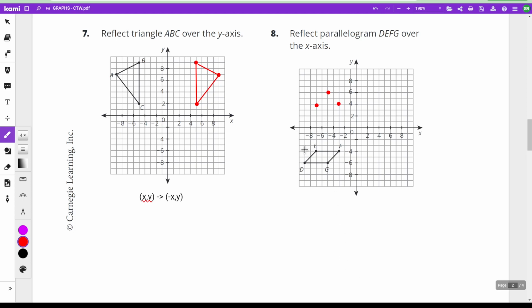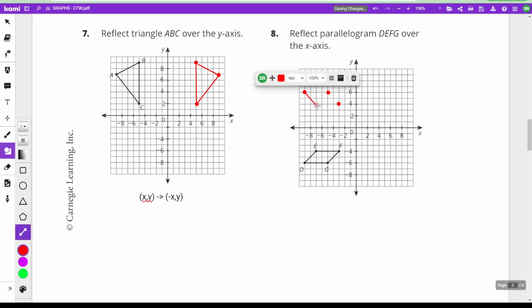Finally, D is 6 units away, and so D prime should be 6 units away. And we just connect those points. And you can do a better job than me. But it should look something like that when it's reflected over the x-axis.